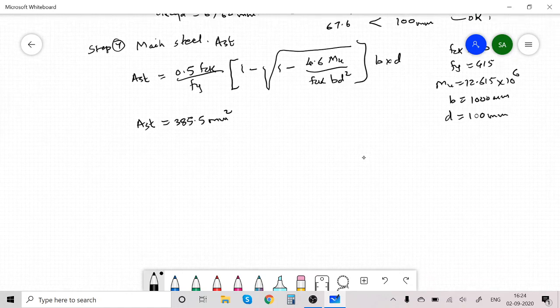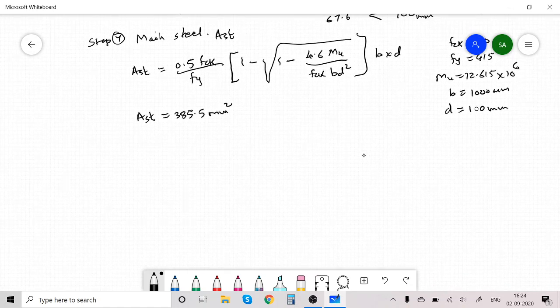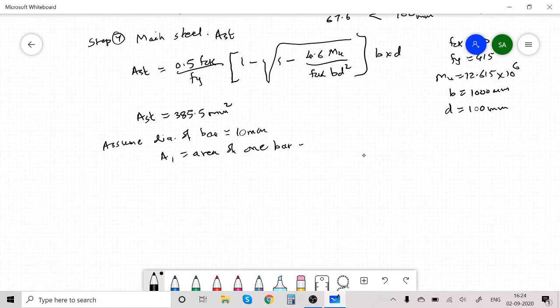Now after finding AST, let us assume diameter of bar as 10 mm. A1 is the area of one bar, that is pi by 4 into 10 square, that is 78.5 mm square.